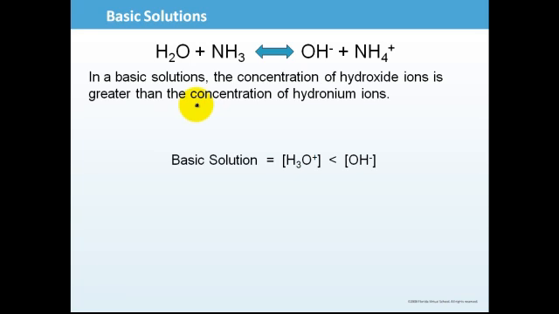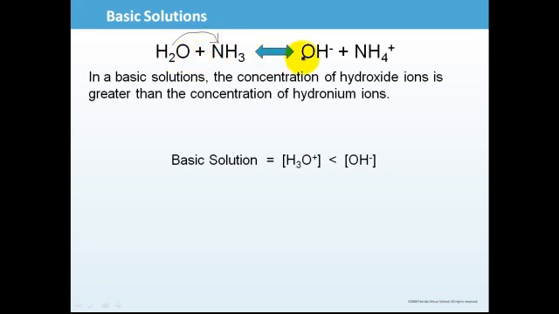Right? Same type of thing would be true if we added a base. Again, if we take some pure water and we add ammonia to it, NH3, which is a base. In this case, the water would act as the acid, right, showing its amphoteric abilities, and it donates a hydrogen to the ammonia.